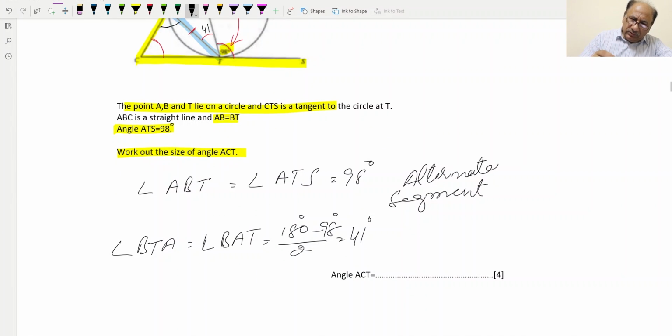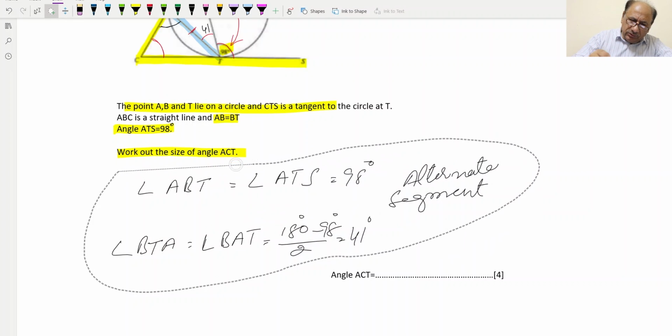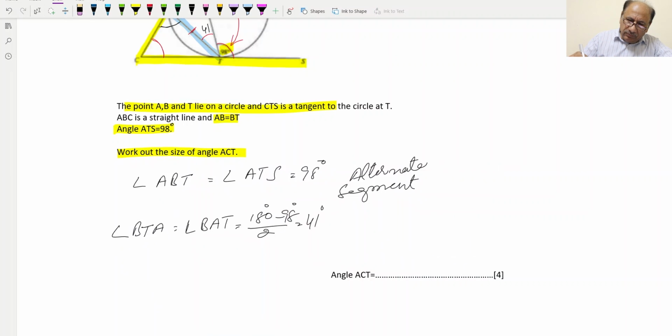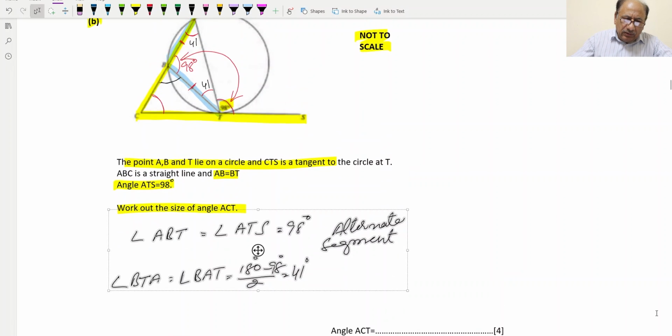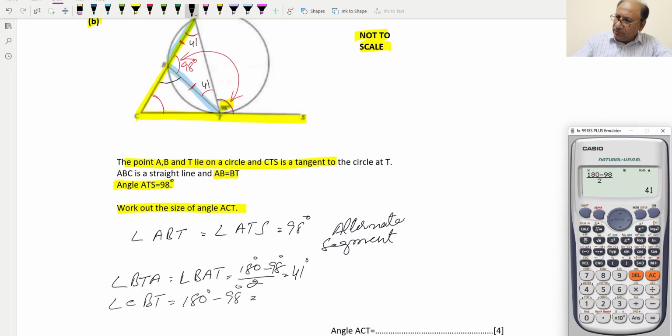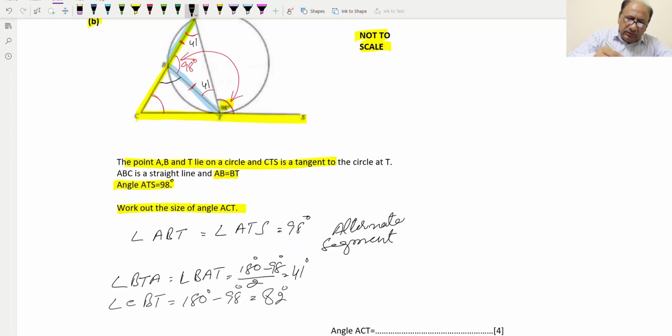First we will reduce this to a readable size, and now we can write angle CBT will be equal to 180 minus 98 degrees, which is equal to 82. So this angle is 82, which we found.